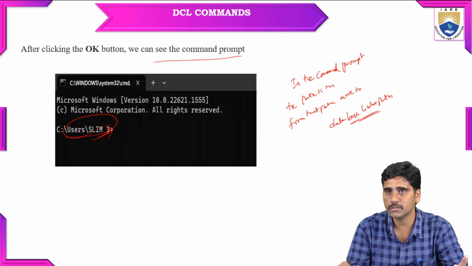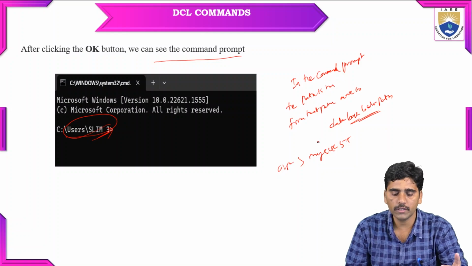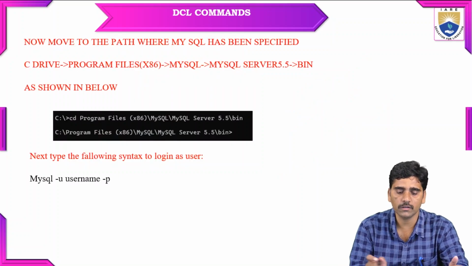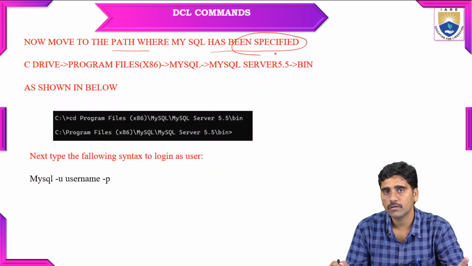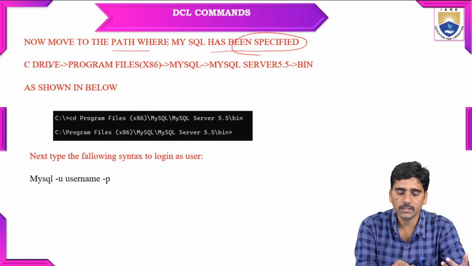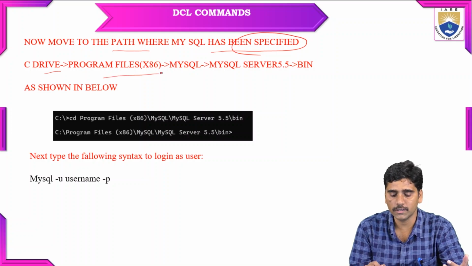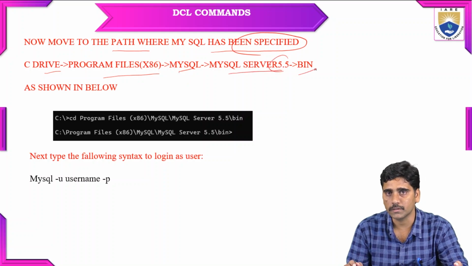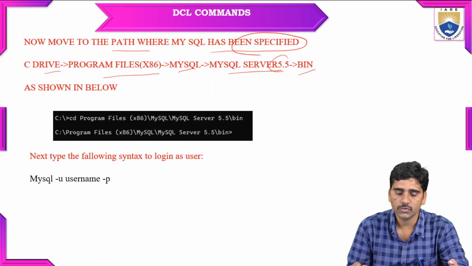So where is your database located? It is located in MySQL 5.5, in the C Program Files folder, so we need to go to that path. Move to the path where MySQL has been specified: in the C drive, Program Files x86, there is a MySQL folder, and in it MySQL Server 5.5 and a bin folder. The binaries will be there, so we need to move to this path.